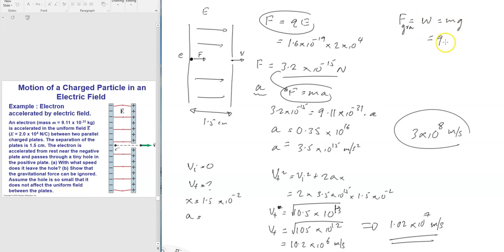So 9.11 times 10 to the negative 31 times 9.81. This is about 9 times 10 to the negative 30 newtons. Compare this. It's 10 to the 15 times smaller, right? Really, there's no comparable effect from gravity in this case.